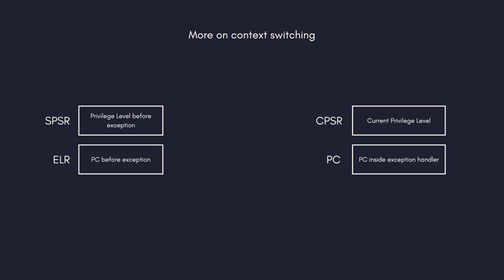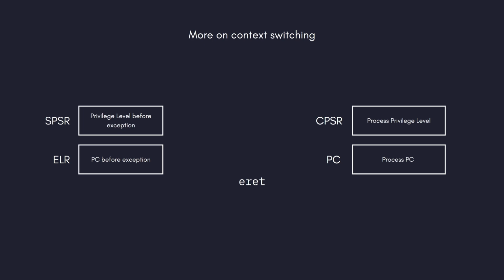Then when we enter the exception, either through a syscall or through context switching due to switching processes, those get stored in the SPSR and in the ELR. But once we're done with the exception and we need to return, we have a special instruction called ERET, or return from exception, which will return the program counter back to the value that's currently in ELR, and the current program status register back to the value that is currently in the saved program status register.